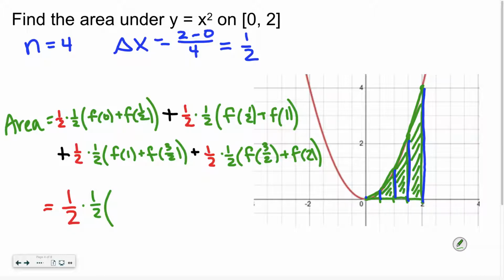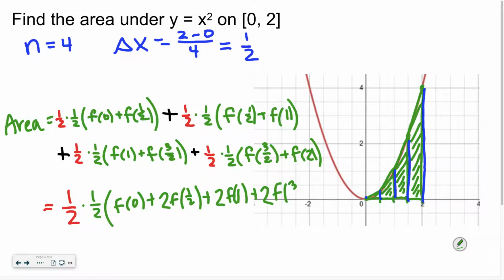But then, these bases, any base in the middle, how many times does it get thrown in the formula? Twice. So f of 0 only needs to be counted once, but f of 1/2 needs to be counted twice. f of 1 needs to be counted twice. f of 3/2 needs to be counted twice.